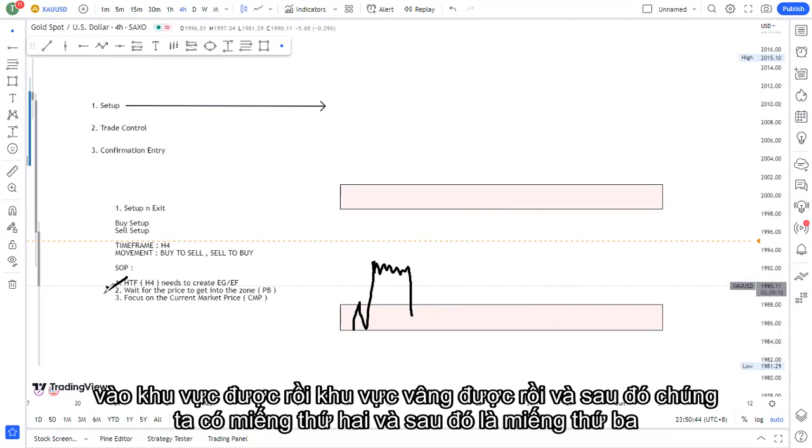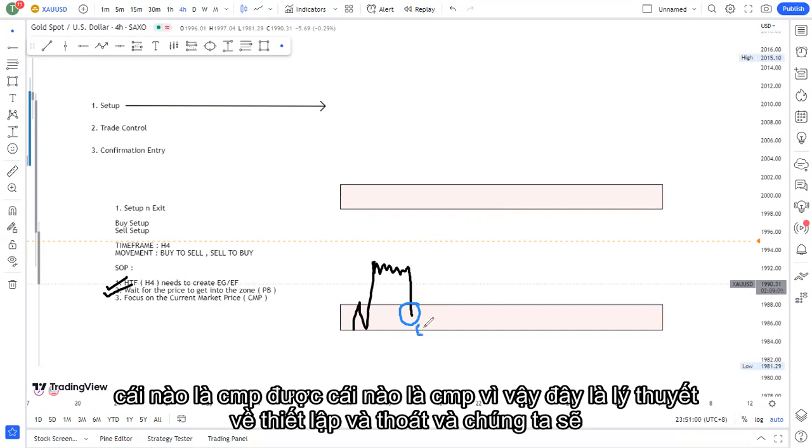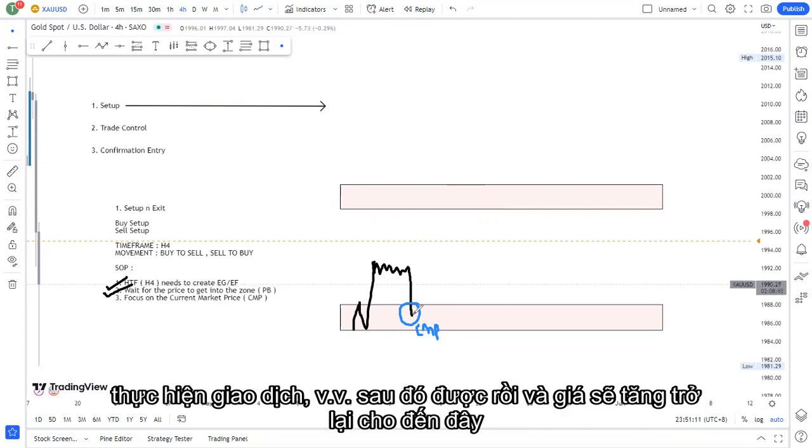Then SOP number three: we need to focus on the current market price, CMP. So this is the theory of setup and exit. We are going to execute the trade after this, and the price is going to go up again until here.